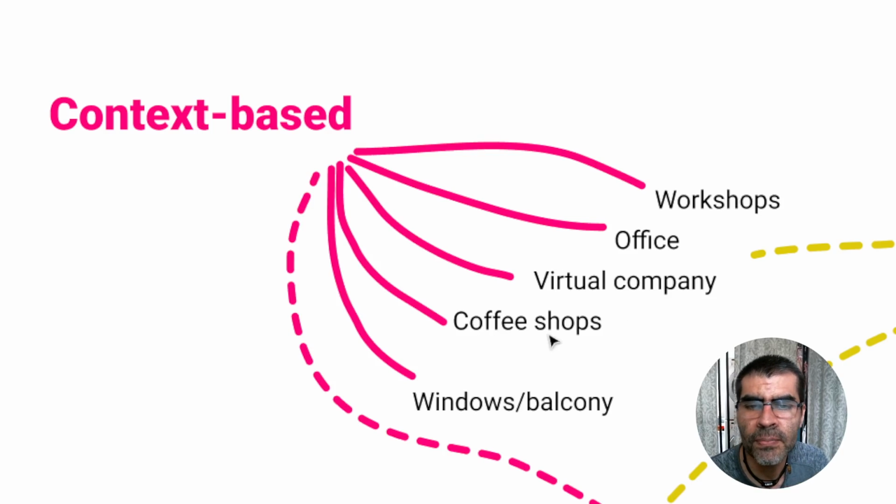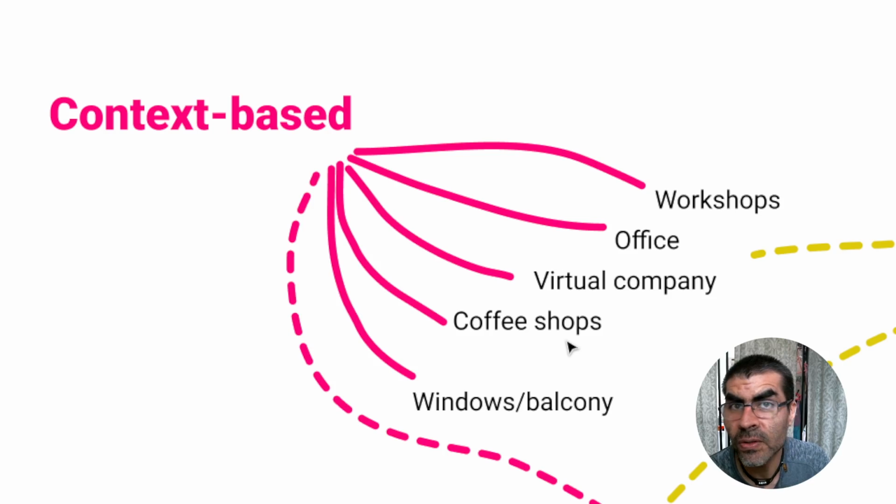A very good example is coffee shops. Some people like to go to coffee shops and write there. I'm that kind of guy. I write very well when I have other people around that are not directly interfering with my things, and this kind of ambience works well with me.